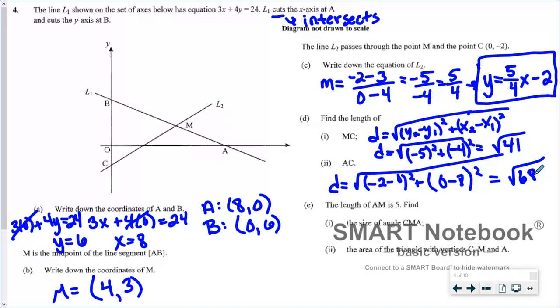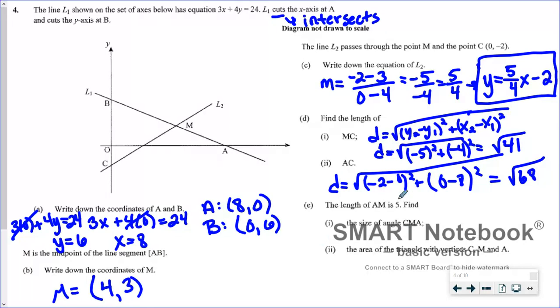But if you get 72 over, I don't know, 14, just anything that isn't going to be a perfect number, but does reduce, you don't have to reduce it. You can just leave it. Same thing with radicals. The square root of 68 would be perfectly sufficient.